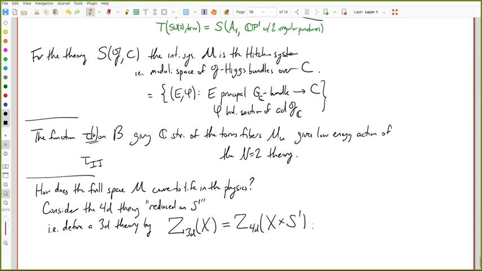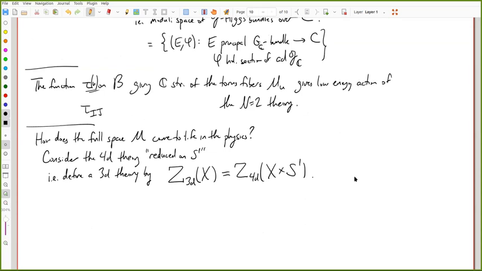If I have a 4D theory, that's like a functor. I can plug into it any kind of manifold. But in particular, if I only plug into it things which are of the form manifold cross a circle, then I get a function of X, and that is a field theory 1 dimension down. So I only consider spacetimes of the form X cross S1. Then I get a 3-dimensional theory. Okay, so suppose I do that. And then we ask, what is that 3-dimensional theory?